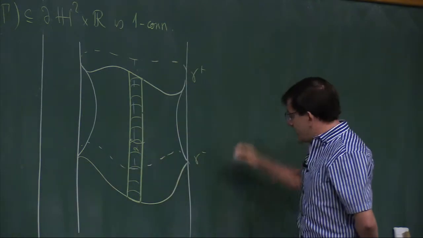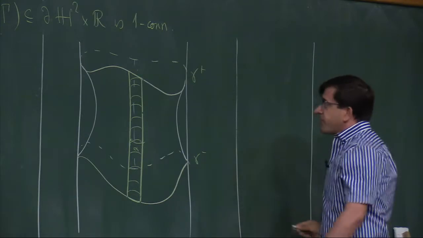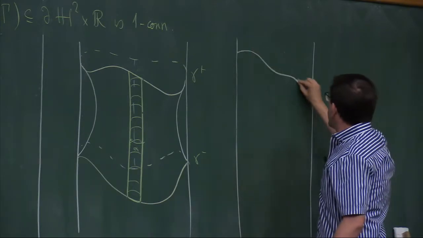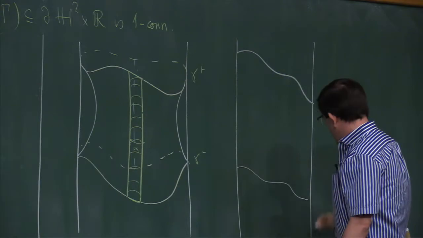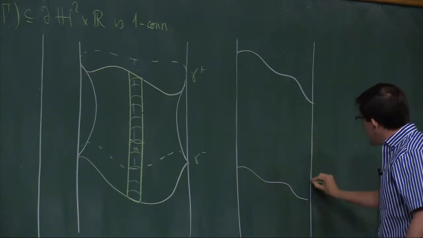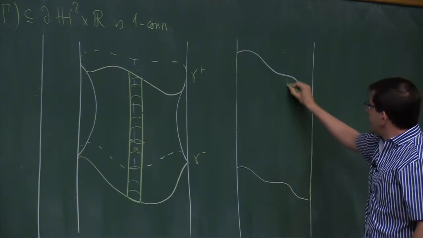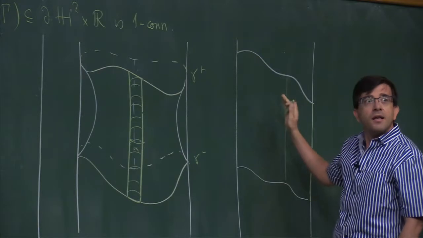And then if you see this configuration from one side, what you see is here a curve, here another curve, and you start here with this vertical segment, and then you are moving the segment along this until here.